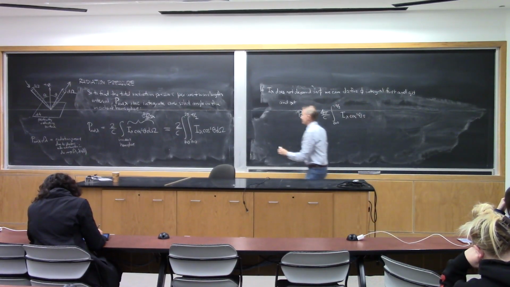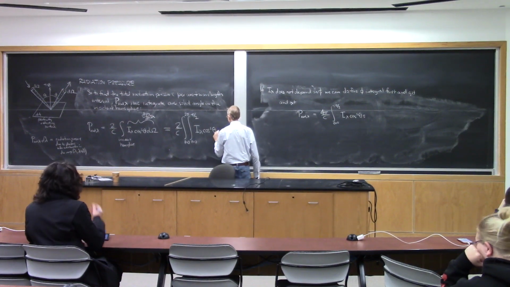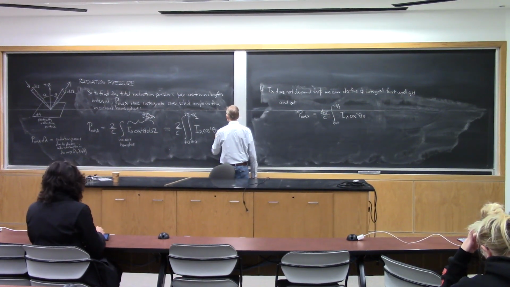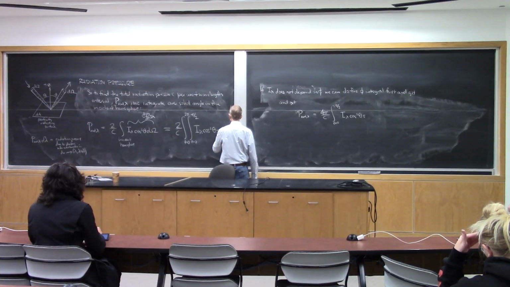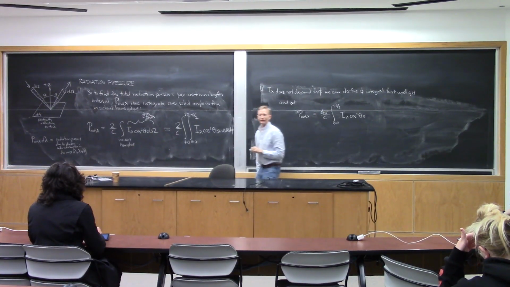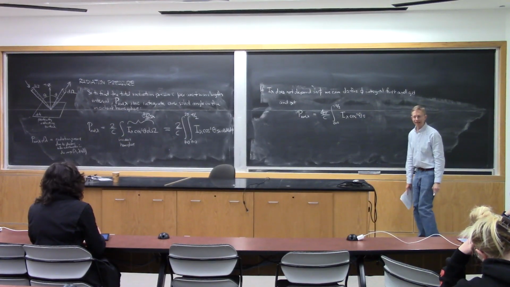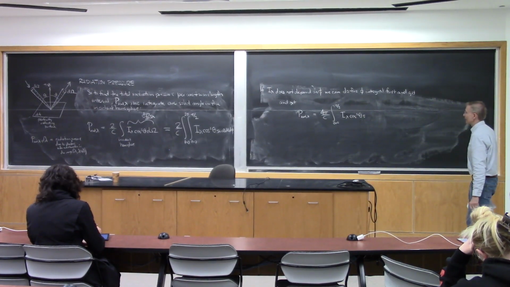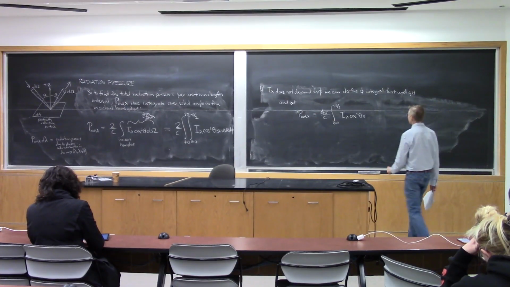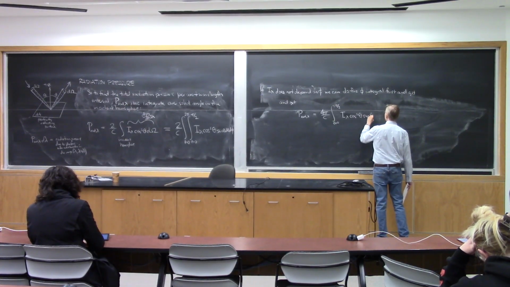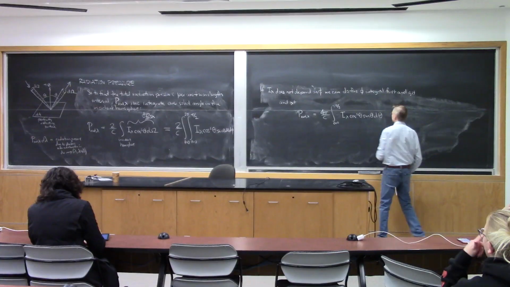Oh yeah, I should have written this d omega as, remember, sine theta d phi. I should have put that in for d omega, right? So now we've got cosine squared theta, sine theta d theta.